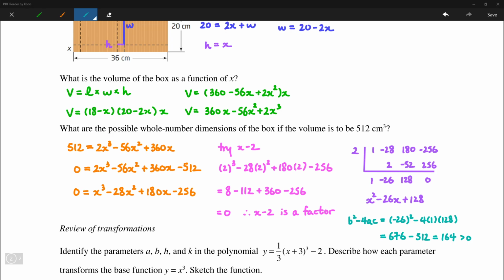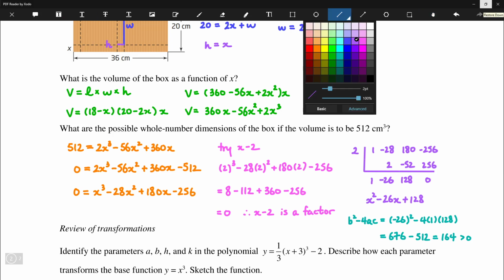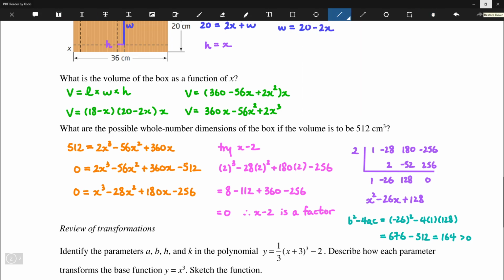However, the question specifically asks for whole number dimensions only, as it says right here. And if the square root part of the quadratic formula has 164, and of course 164 is not a perfect square, the additional solutions will not be whole numbers, so we don't have to worry about them here.